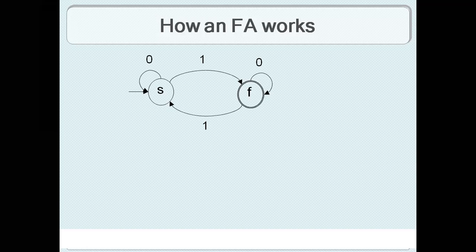String అనేది ఎలా ఉంటుంది? Input alphabets in terms of zeros and ones. So based on zeros and ones, we are considering one string. So input string 0 0 1 1 0 1. Okay, so with this input string, how does the finite automata work?